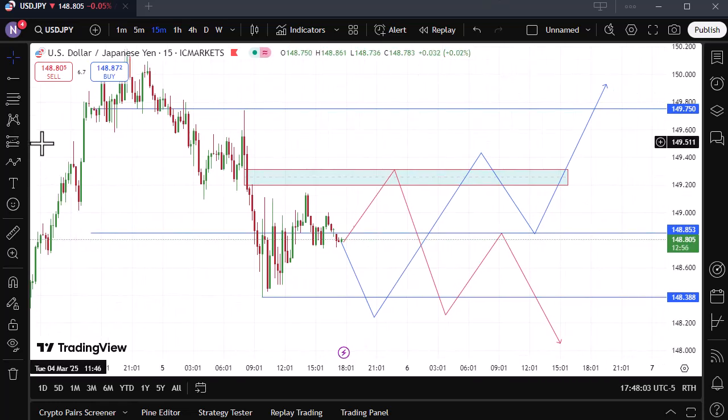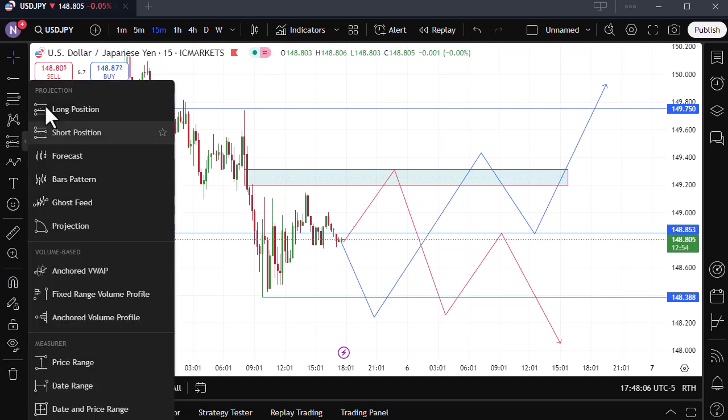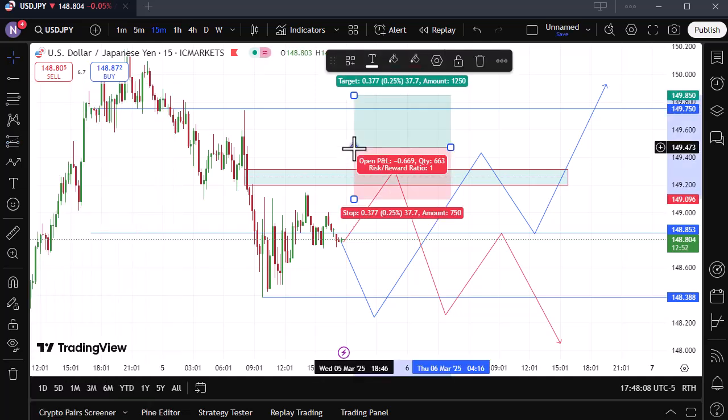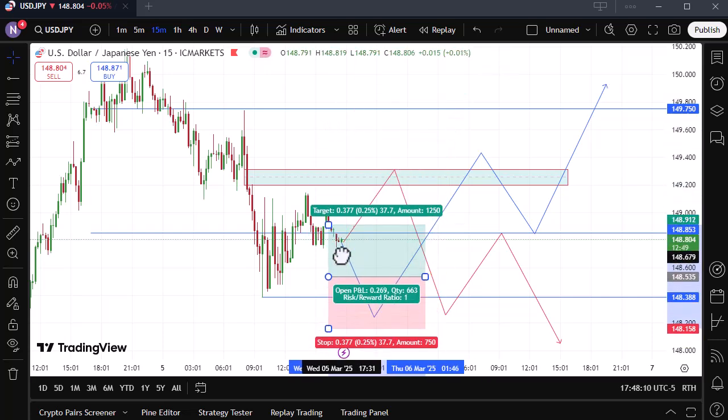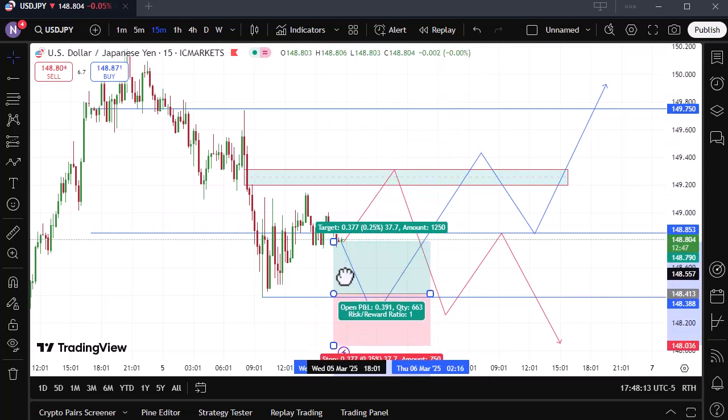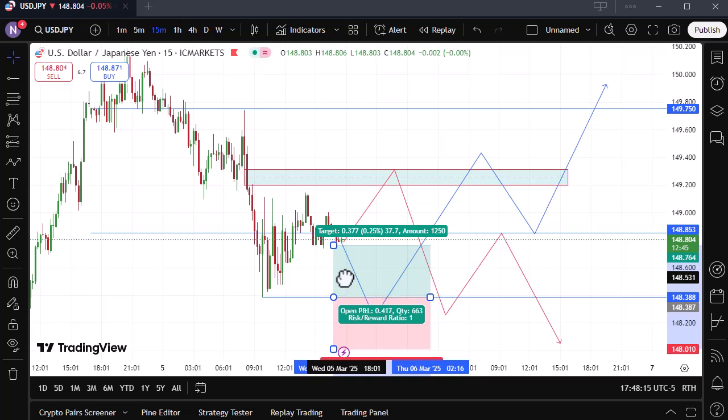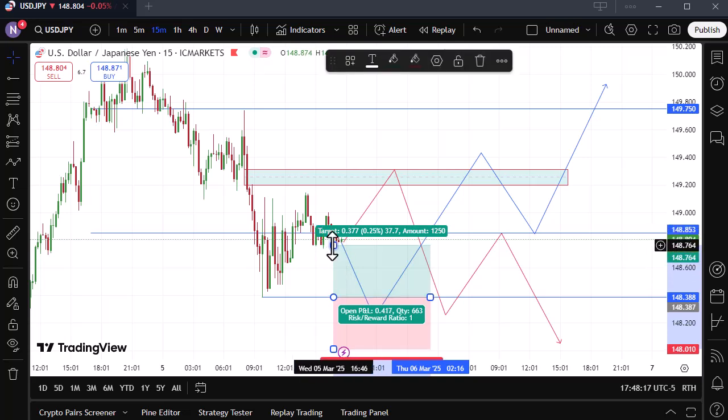Okay, now let's draw our orders, put our orders here. Okay, this is what we're gonna do for the buy side. This is what we're gonna do for the buy side.